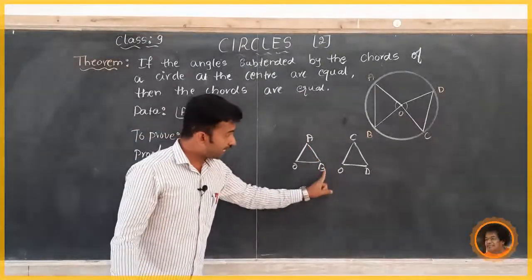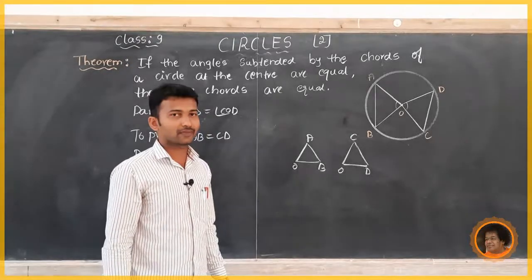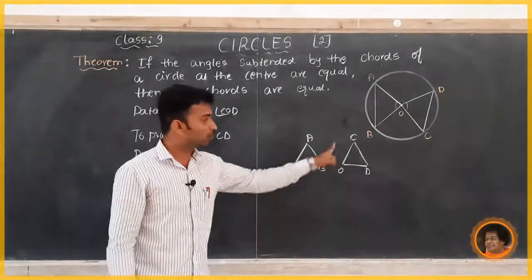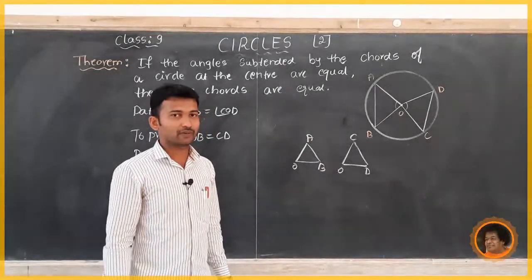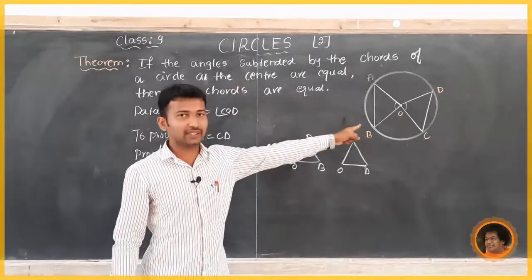We need to prove AB is equal to CD, so we can't write AB equals CD now. We need to write something which is given in the figure as the data.